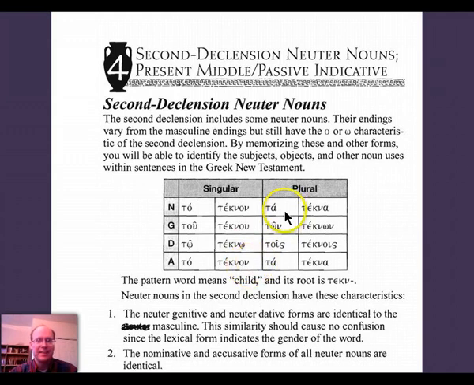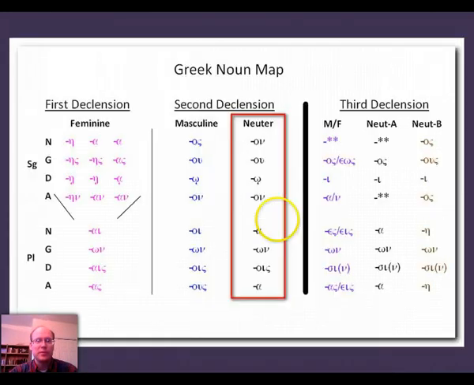In the plural, ta tekna, the children, tōn teknōn, of the children, tois teknois, to or for the children, ta tekna, again the children. So the endings, which we saw in the previous slide, are -on, -ou, -ō, -on, -a, -ōn, -ois, -a.